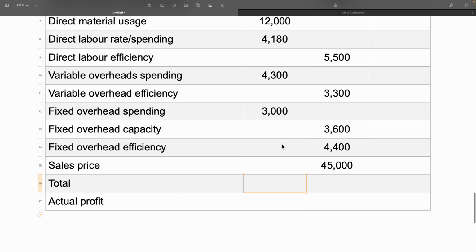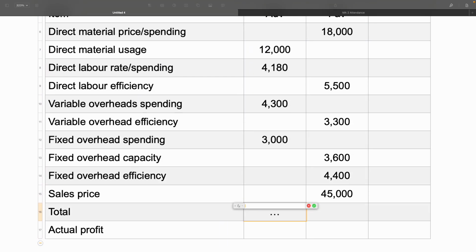Right, we can now add up the total. $56,320 favorable.